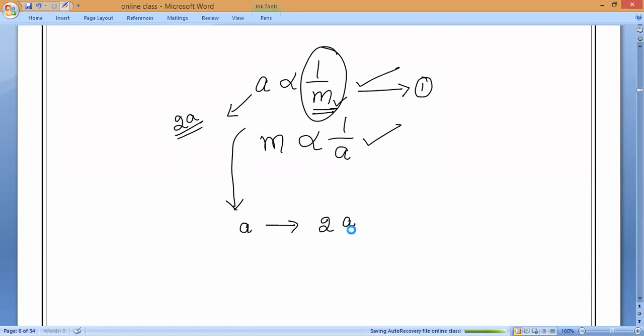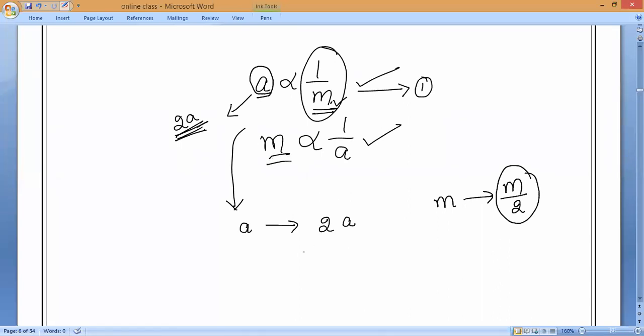If acceleration becomes double, then mass will become m by 2. Do you understand, everyone? Because let me take now, m is directly proportional to 1 by a. Now we know that m is directly proportional to 1 by a.